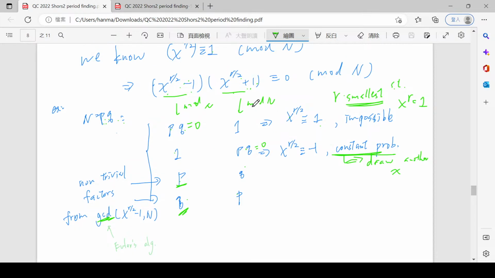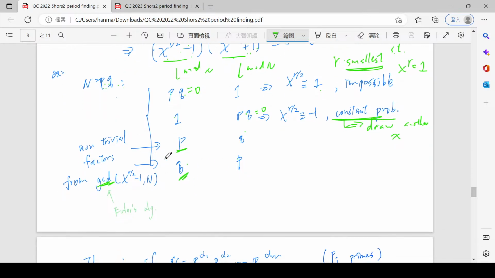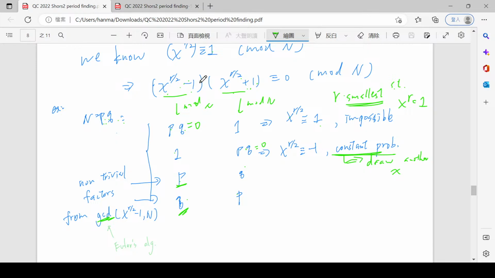And if it's not, then we show that x to the R over 2 minus 1 and x to the R over 2 plus 1 will contain some non-trivial factor of n. If we think n equals pq, then one has p and the other has q. Anyway, you can take x to the R over 2 minus 1 and n, and then take the greatest common divisor.